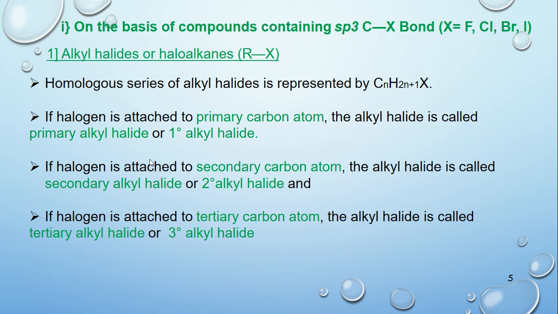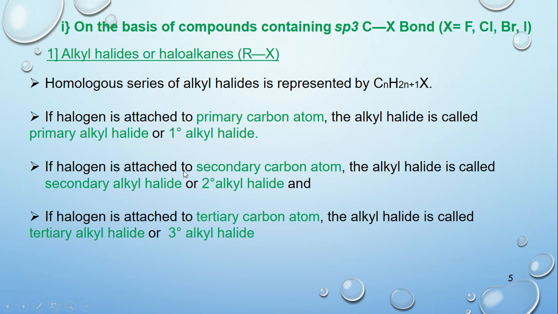When we have a halogen atom attached to a primary carbon atom, the alkyl halide is called a primary alkyl halide, or it is represented as 1 degree alkyl halide, which represents primary alkyl halide.